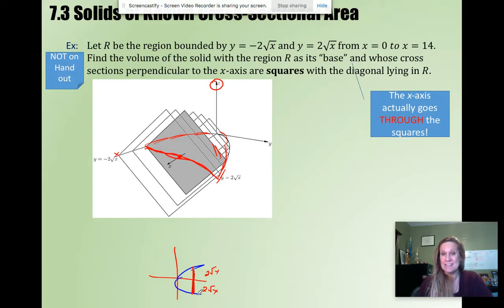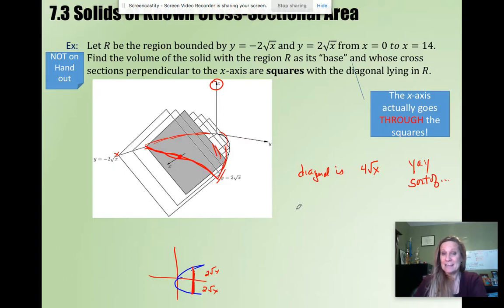So how long is the diagonal in toto? Again, that's swell.